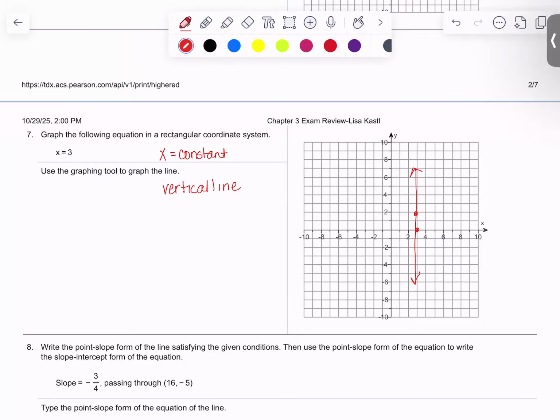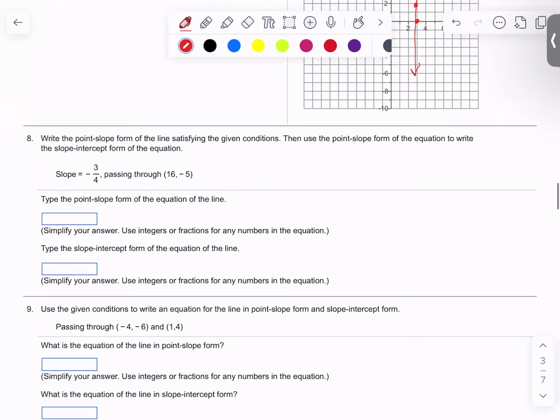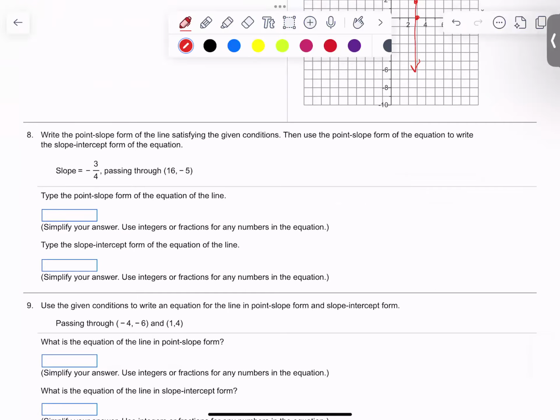All right, the next problem, 8. Write the point slope form of the line satisfying the given conditions. Then use the point slope form of the equation to write the slope intercept form of the equation.